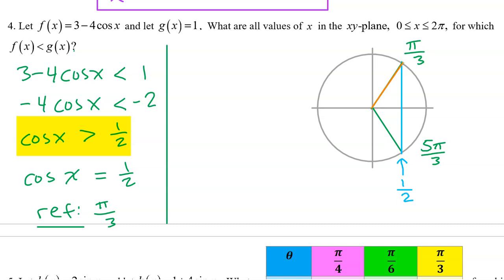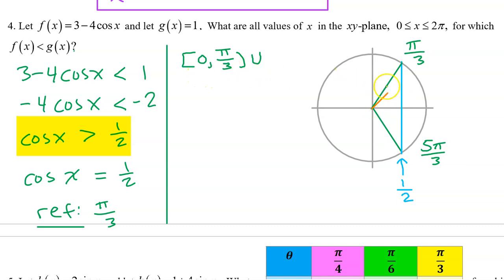Pi over 3 will not be included as a solution because we only want greater than 1/2, not equal to 1/2. So to review, our first set of solutions goes from 0 to pi over 3, including 0, but not including pi over 3. We show that 0 is included with a bracket, and we show that pi over 3 is not included by using a parenthesis in interval notation.